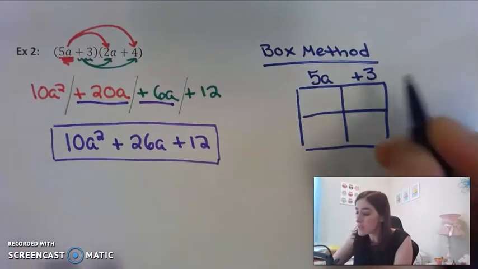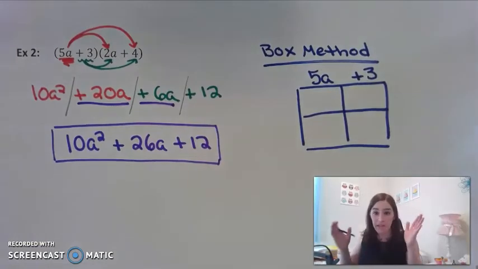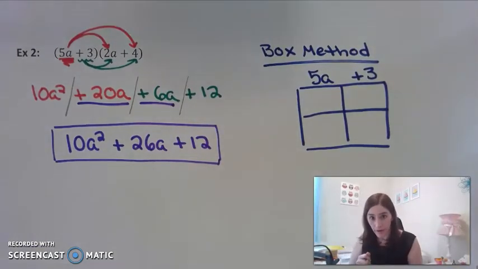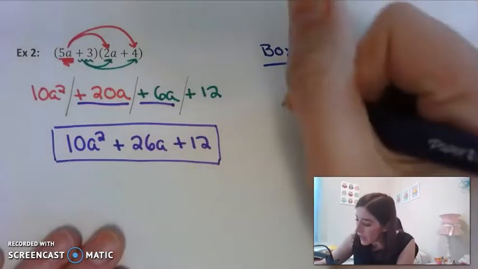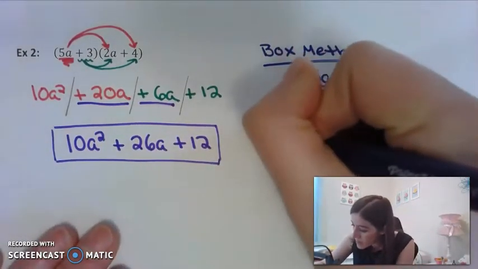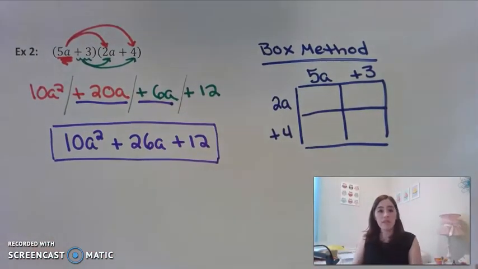But I want you to notice that I put the plus sign with the 3. So anytime that there's a symbol, it needs to stick with the number that it's right in front of. Then I've got my second set of parentheses over here. I've got 2a and plus 4, so the plus sign stays with the 4. And all this is just a better way for you to see this.